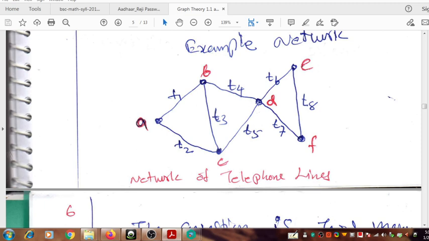So along with the removed vertex D, those edges will also disappear. What happens then? You can see that the network breaks into two connected small networks.